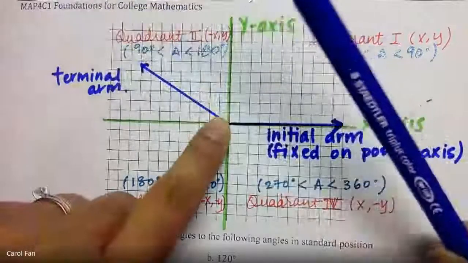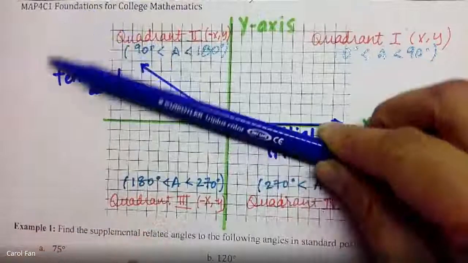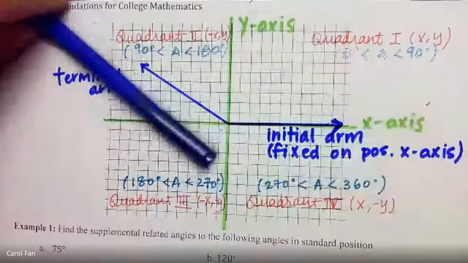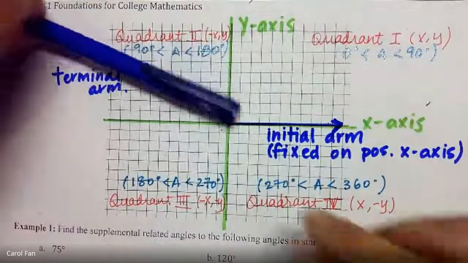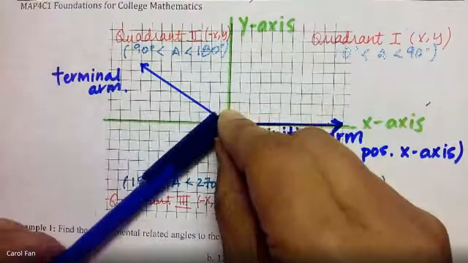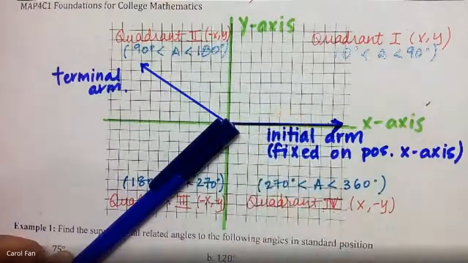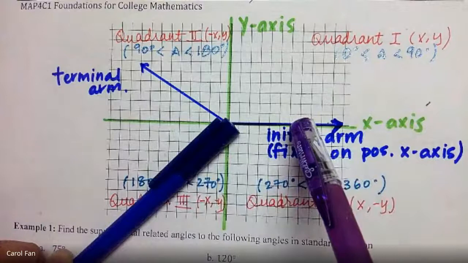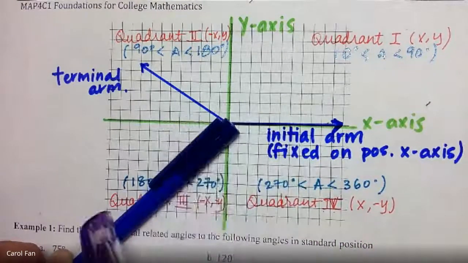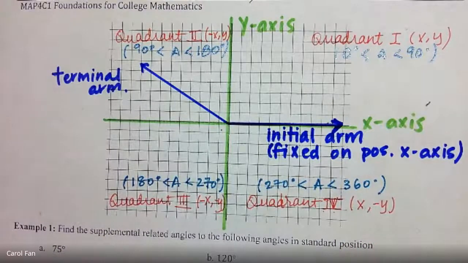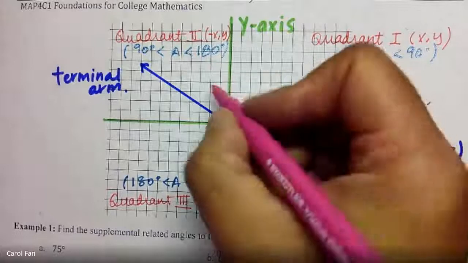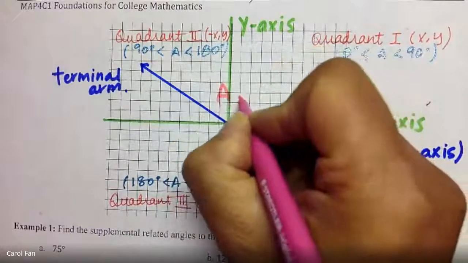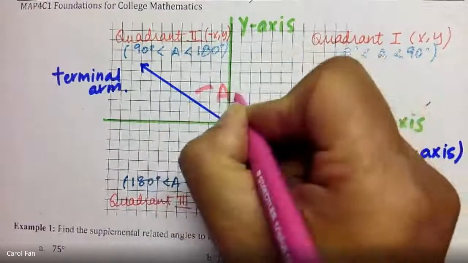So from the center, the terminal arm can be moving as far as it needs, and the angle is created by the space between the initial arm and the terminal arm. So this is our angle A.